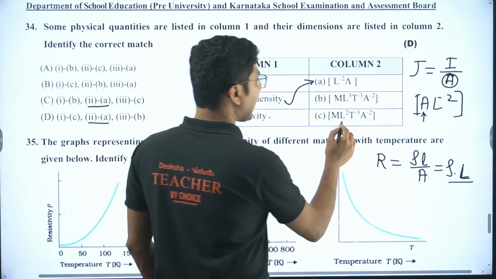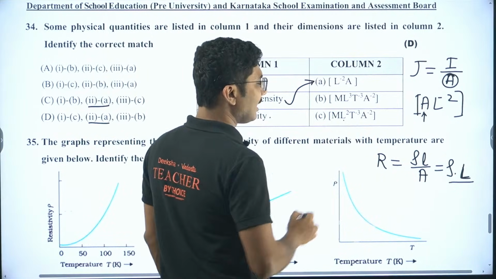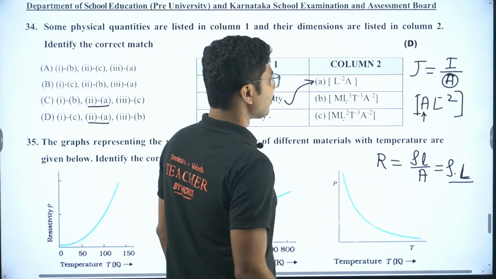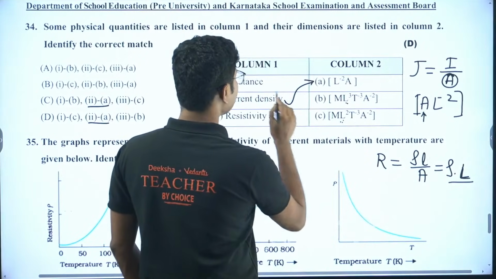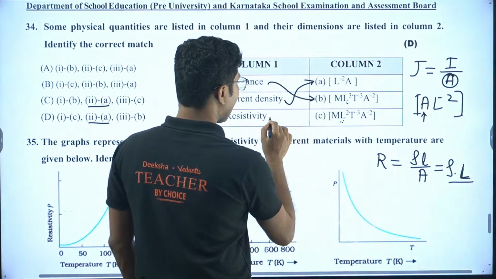Here if you see, this one has 2 L, this one has 3 Ls. So definitely this is resistance and this is resistivity.